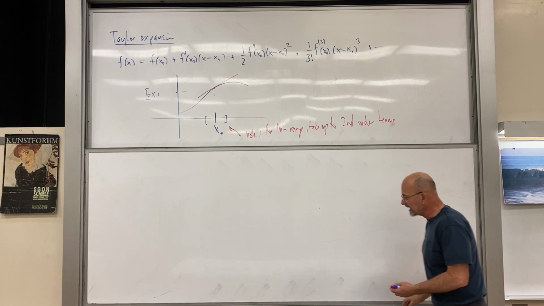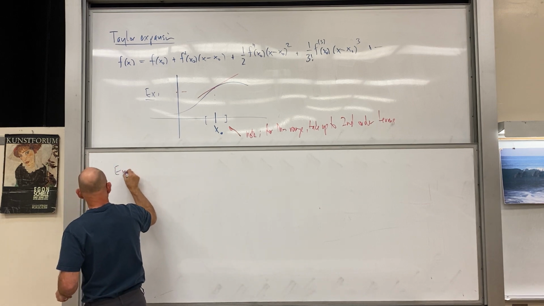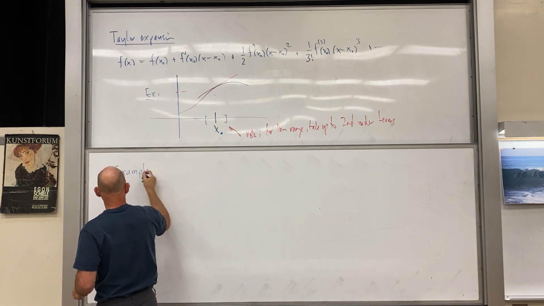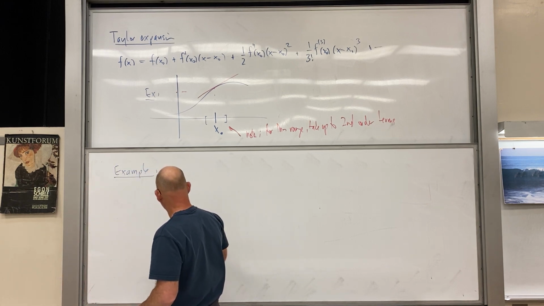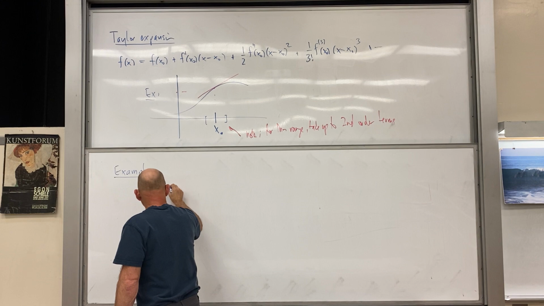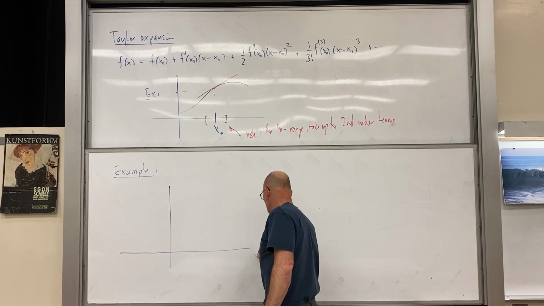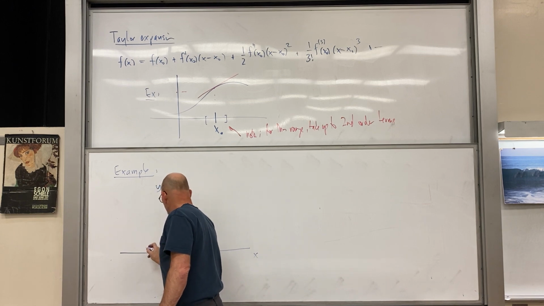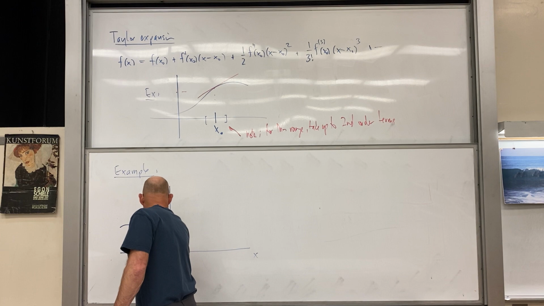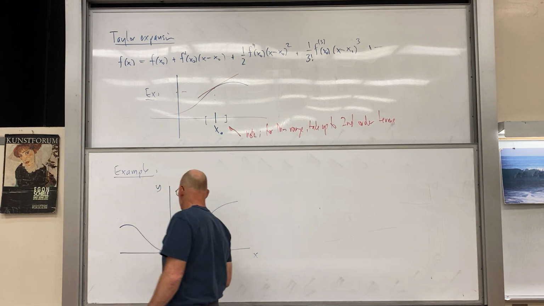So I'm going to begin with a circle. Or, here's what we're going to do. We're going to have x and y, and we have some curve that has a local minimum here and goes up like that.